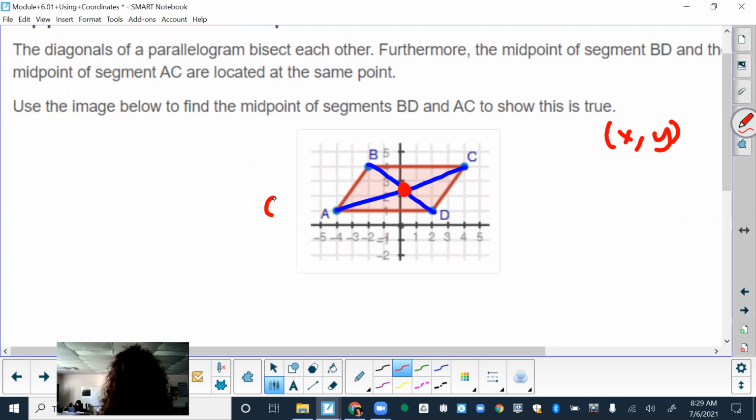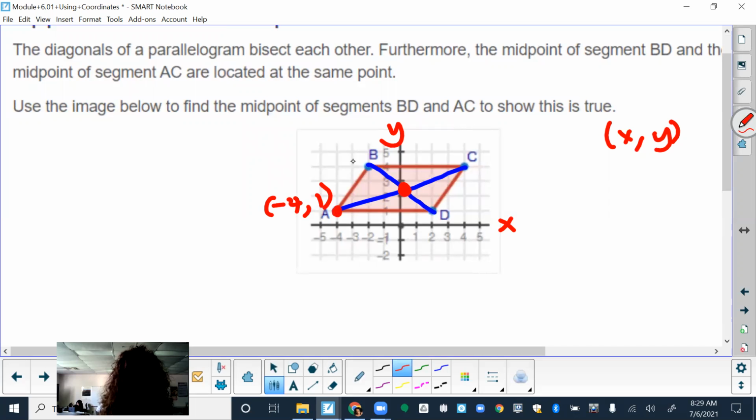What's the coordinate for point A? -4, 1. Good. Remember, here's your x-axis, here's your y-axis. The x that matches with point A is -4. The y value that matches for point A is 1.